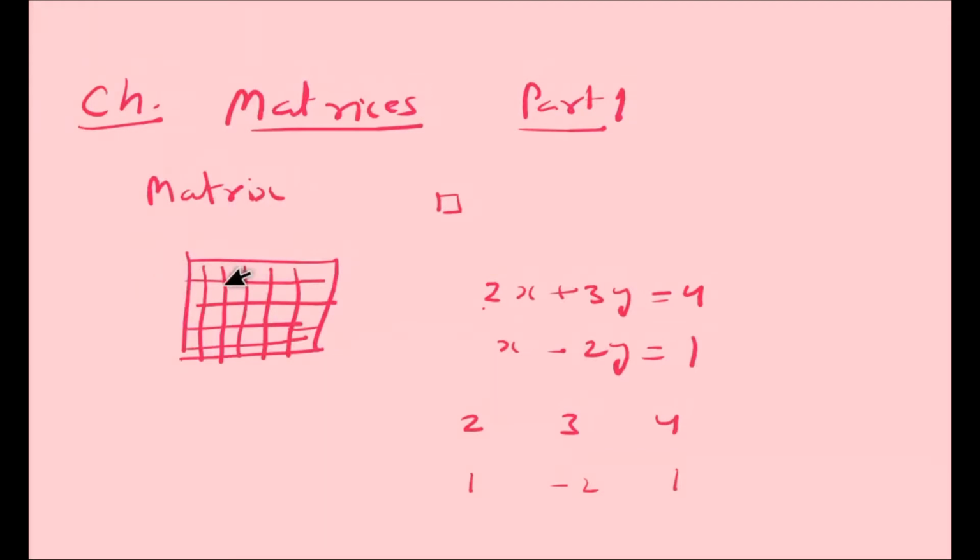Now you can see the data are in this way: 2, 3, 4, in this way 1, minus 2, 1, and this way also 2, 1, 3, minus 2, 4, 1, isn't it? So student, the coefficients of this data we will take as questions in this chapter.